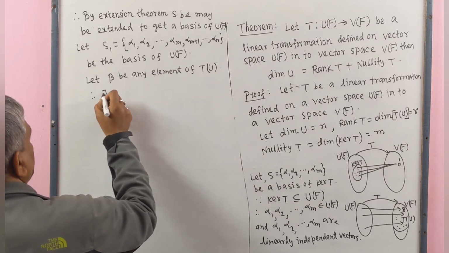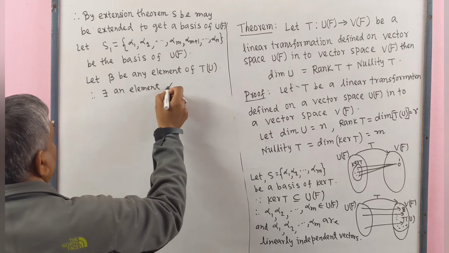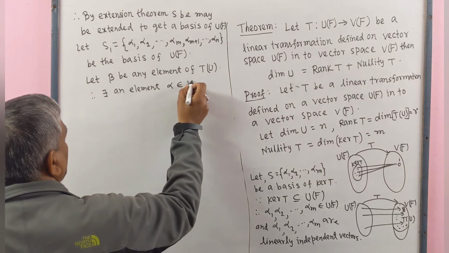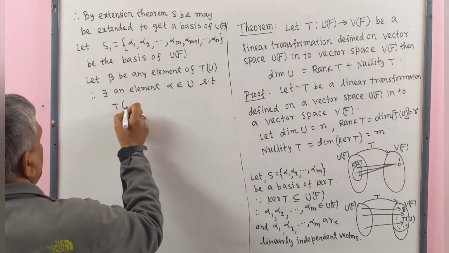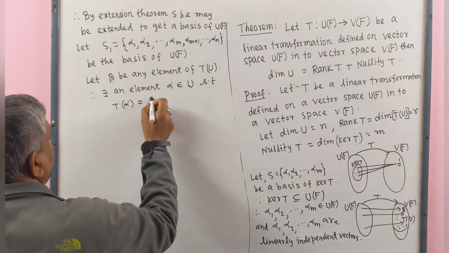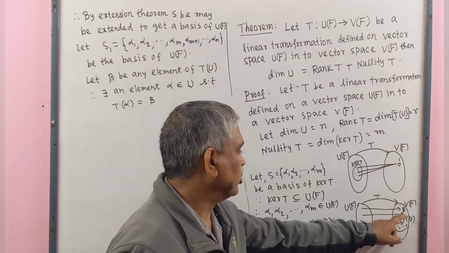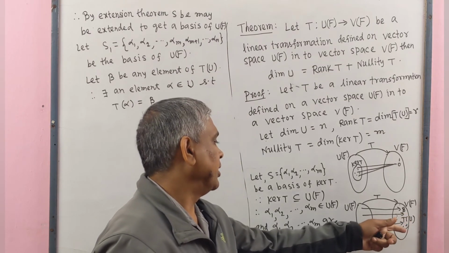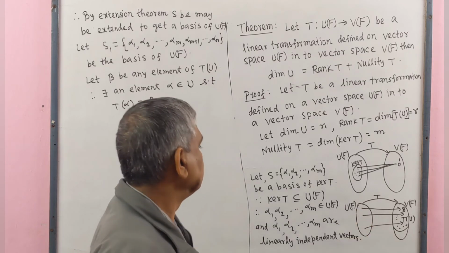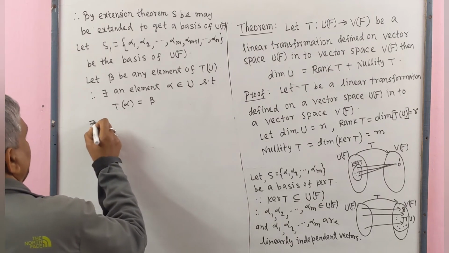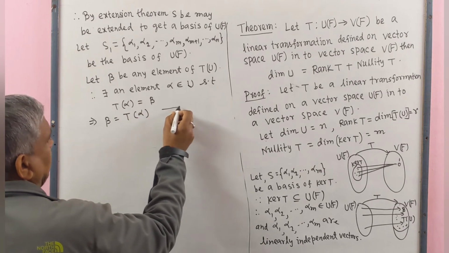Therefore, there exists an element alpha belonging to U such that T alpha equals beta, which means each element of T(U) is the image of some element of U(F). This implies that beta equals T alpha. This is number 1.